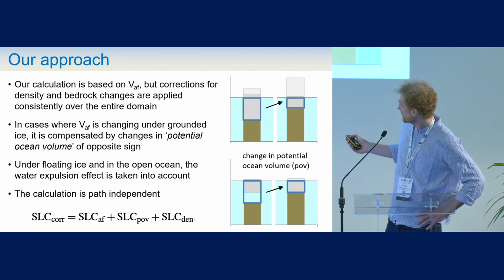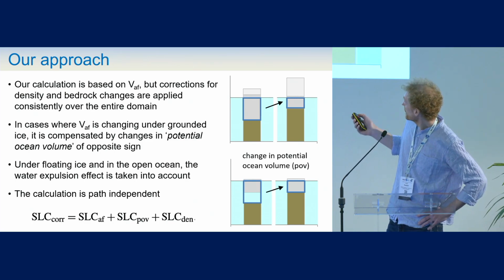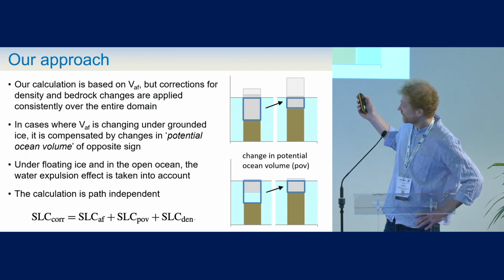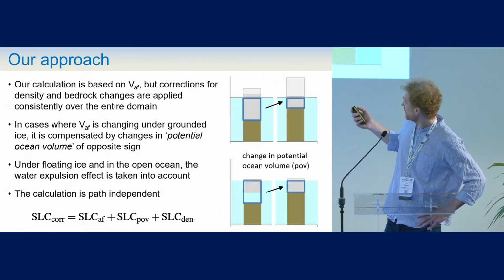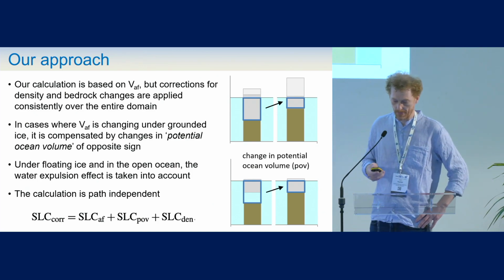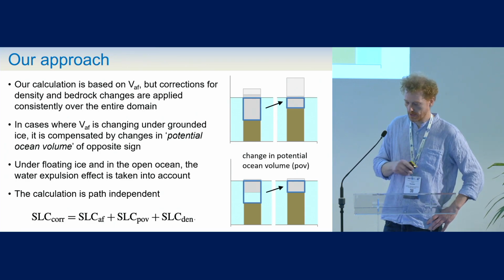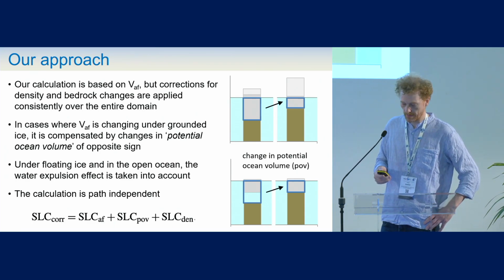So in case where you have floating ice, this is basically just the change in the water that is displaced by this bedrock uplift. And in the other case where there's no floating ice, then this is compensating for that volume above flotation that is created by the bedrock uplift. And so you get a kind of consistent solution that can be calculated across the entire domain.